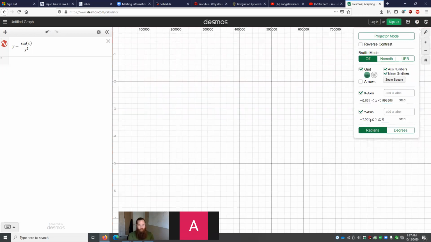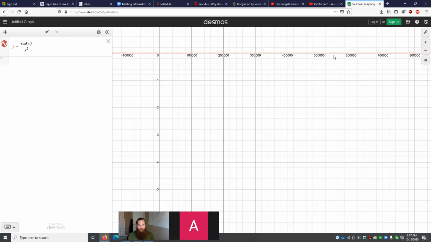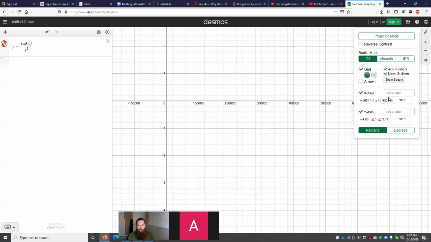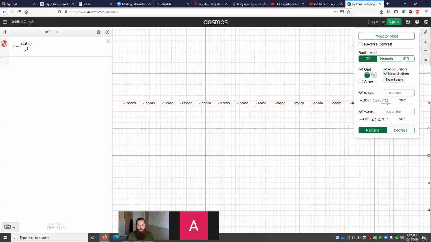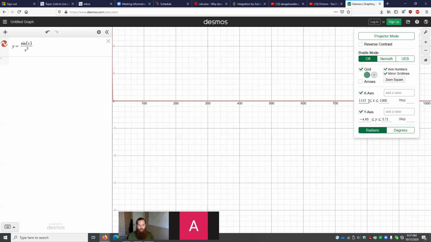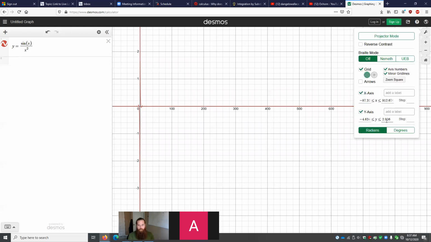Y-axes, let's scale these way, way back. Desmos might be struggling here. That's a little too much to ask for, huh? Okay, and then let's get way in there on the y's.